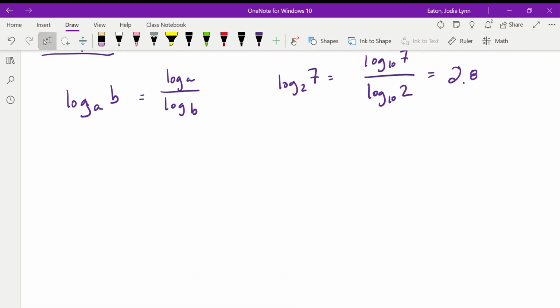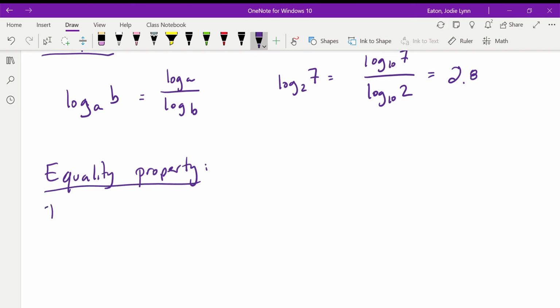Okay, so now we have a few more properties. Here's another one, the equality property. If log base b of m equals log base b of n, then m equals n.